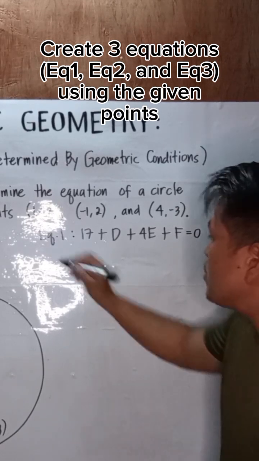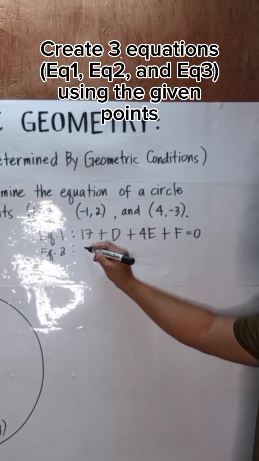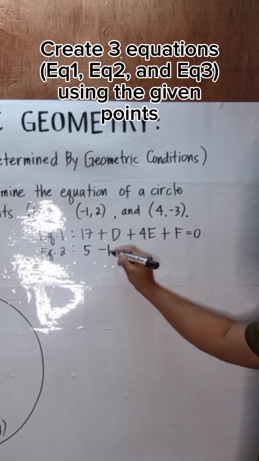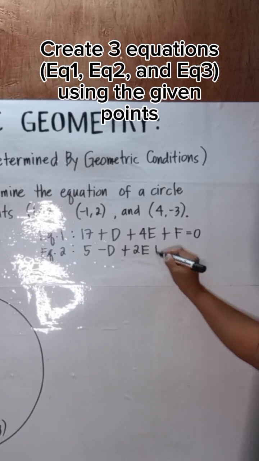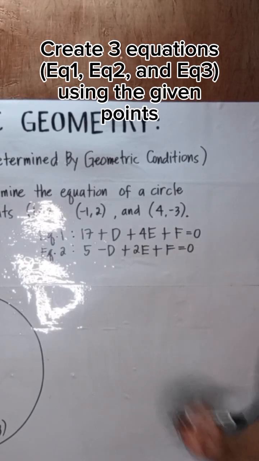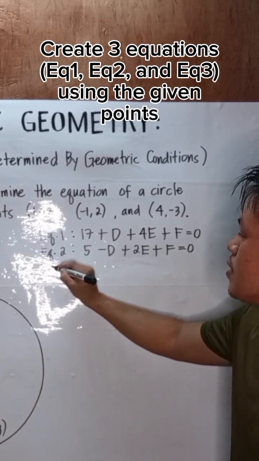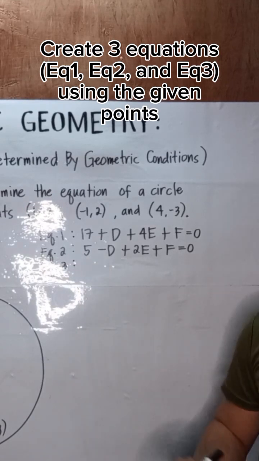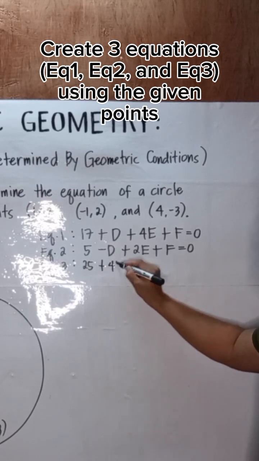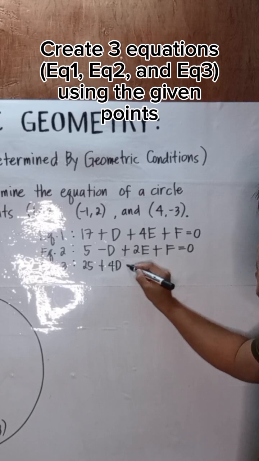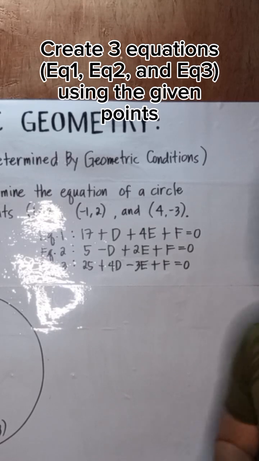And then, yung equation number 2 natin ay 5 minus d plus 2e plus f is equal to 0. And then, yung pangatlo natin, equation number 3 ay 25 plus 4d minus 3e plus f is equal to 0.